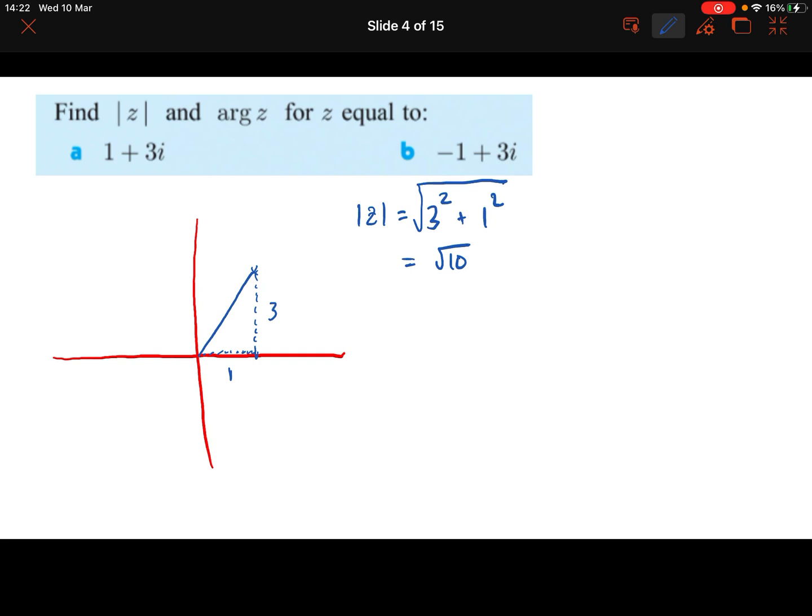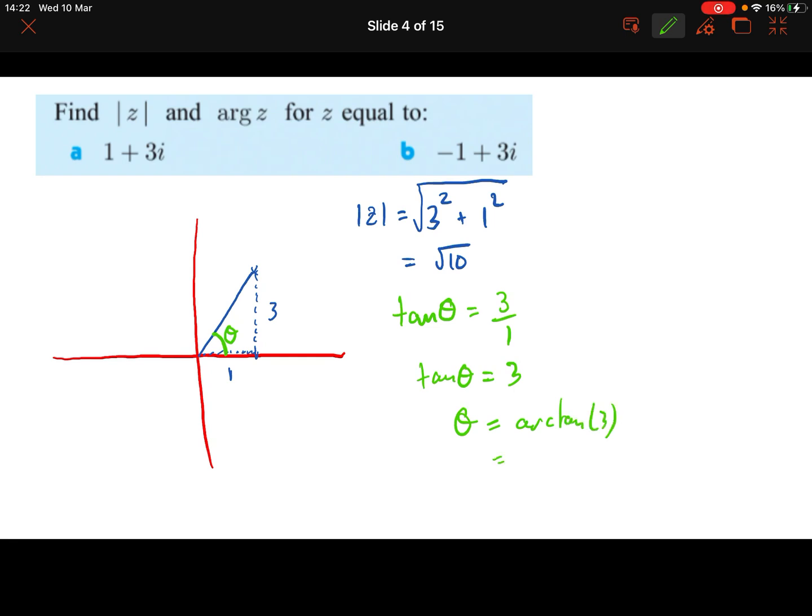And what is the argument? Well, the argument is this angle here, measured in an anti-clockwise direction from the positive real. So a little bit of trigonometry can help here. We can say that tan of that angle is equal to the opposite over the adjacent. So tan theta is equal to 3, so theta equals arctan of 3.